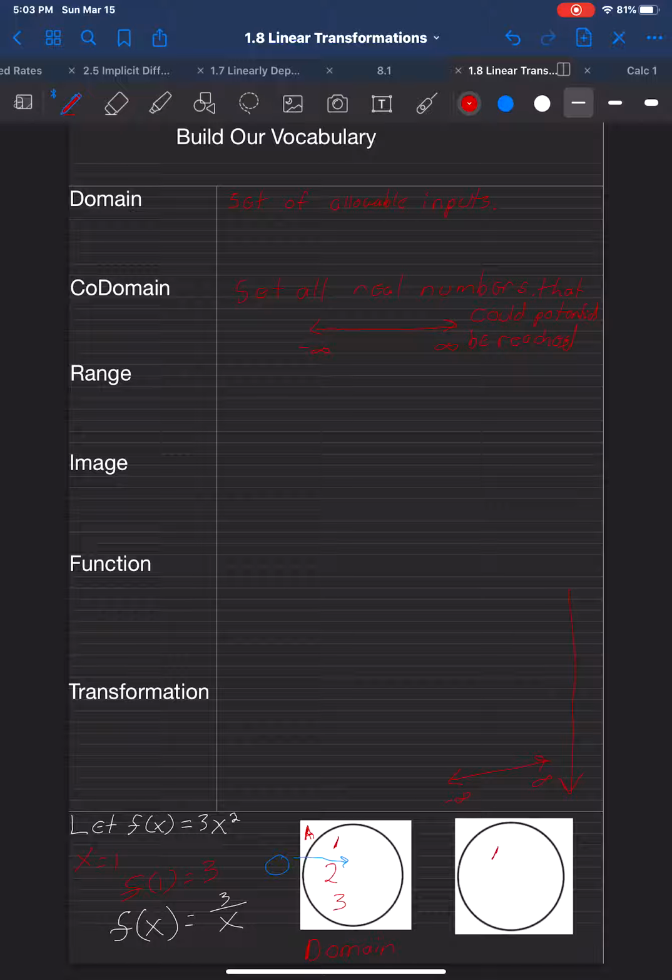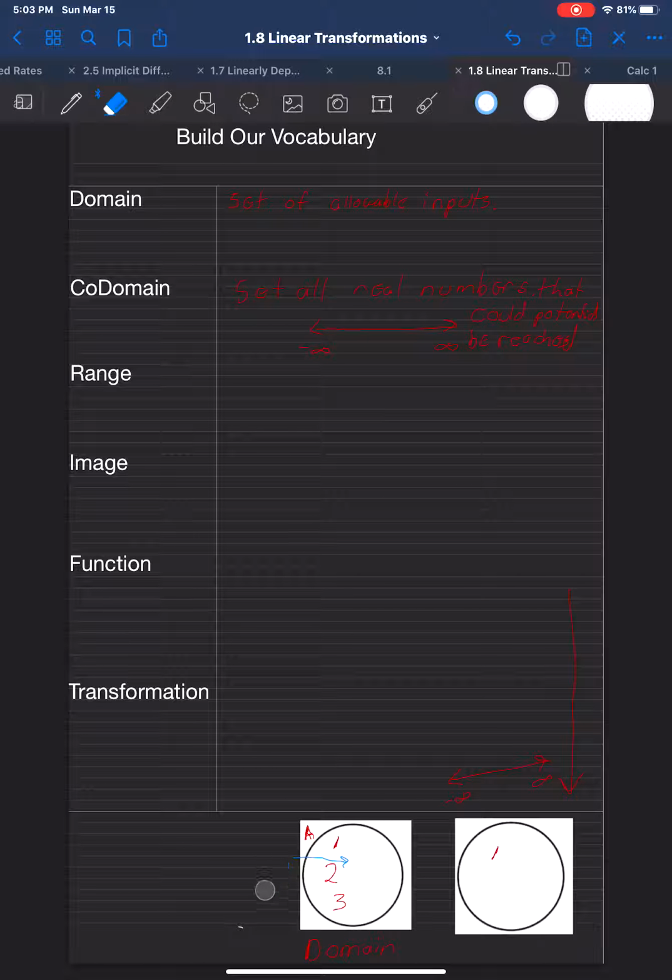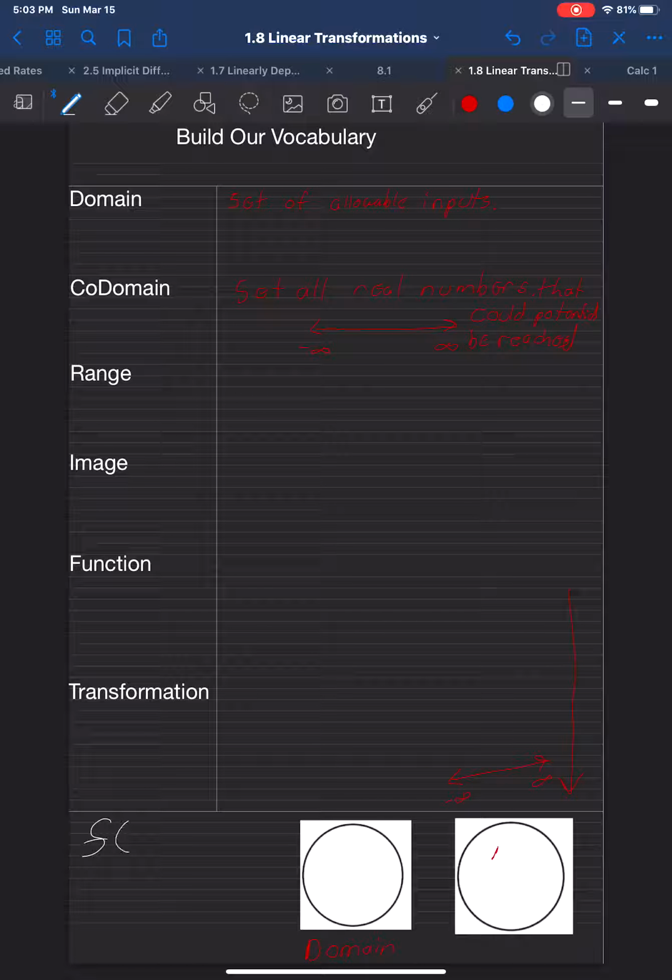All right, now, for our purposes, I think it's going to be better to get rid of this 3x squared because this guy has no restrictions on it, so it's not really doing us any good to continue to think about it. And I think I am going to focus on simply f of x is equal to 3 over x.